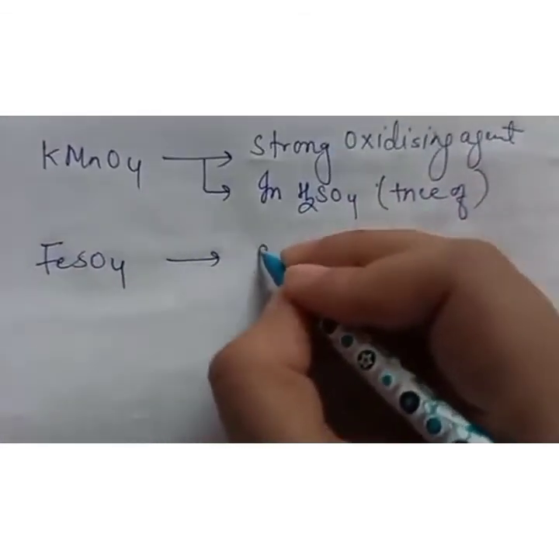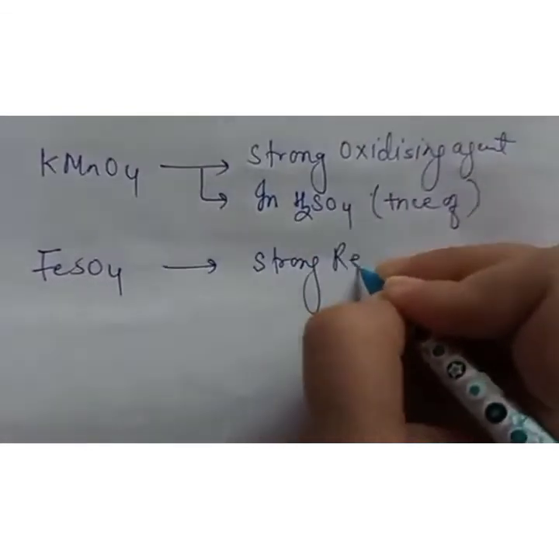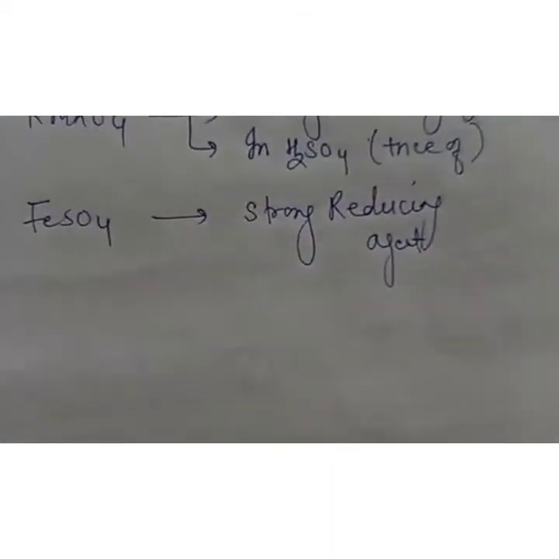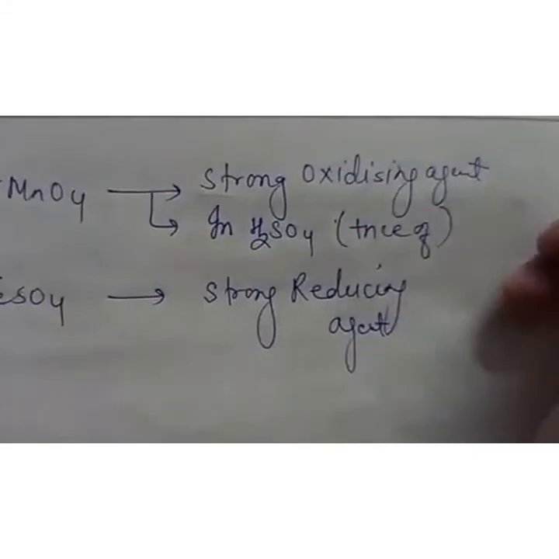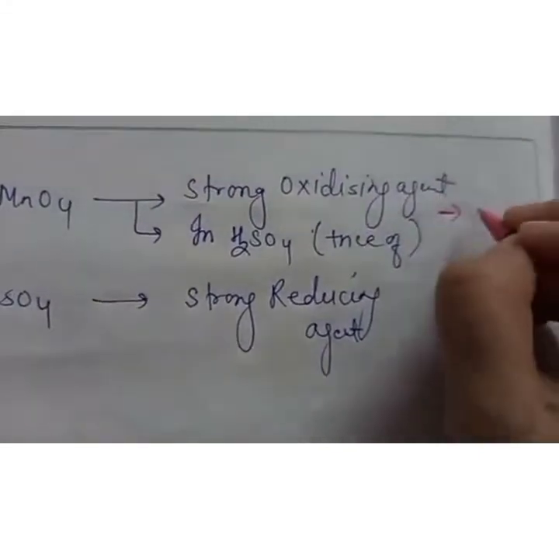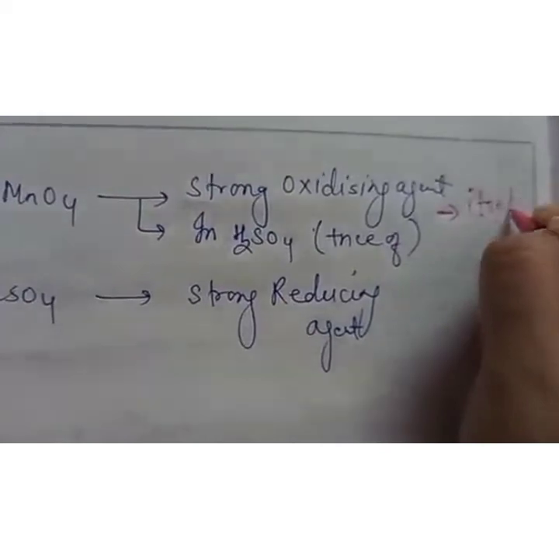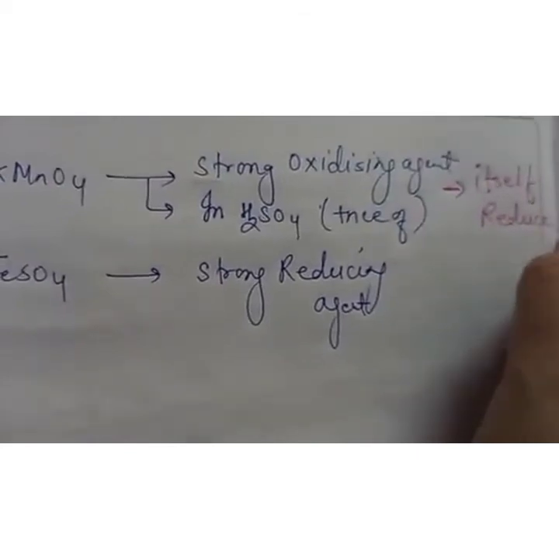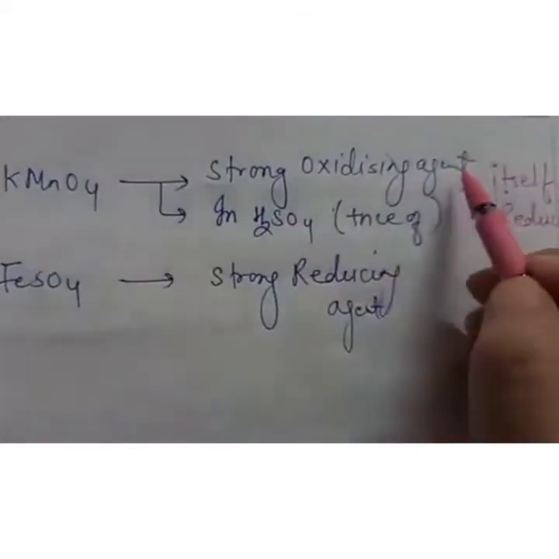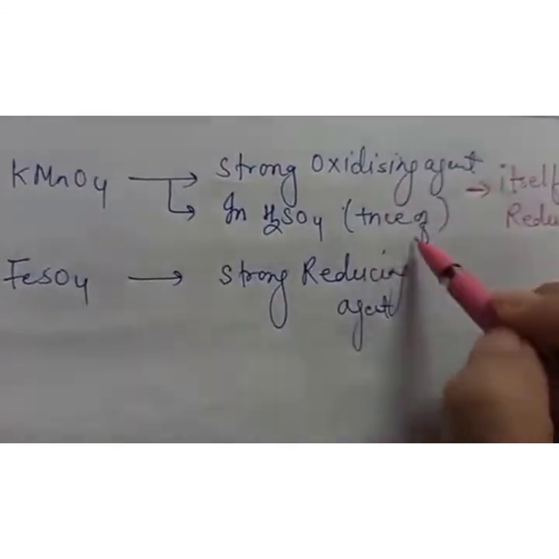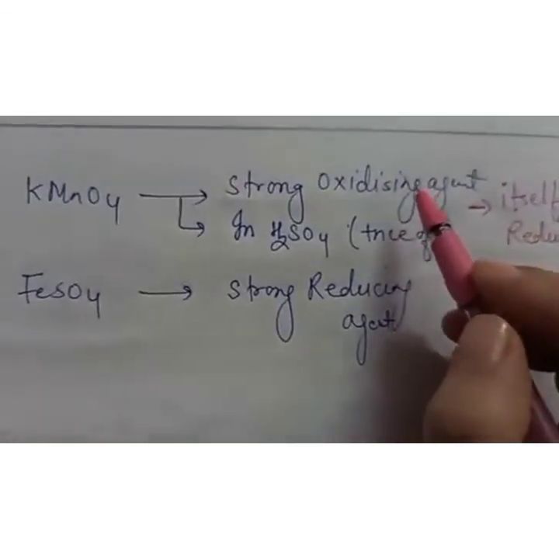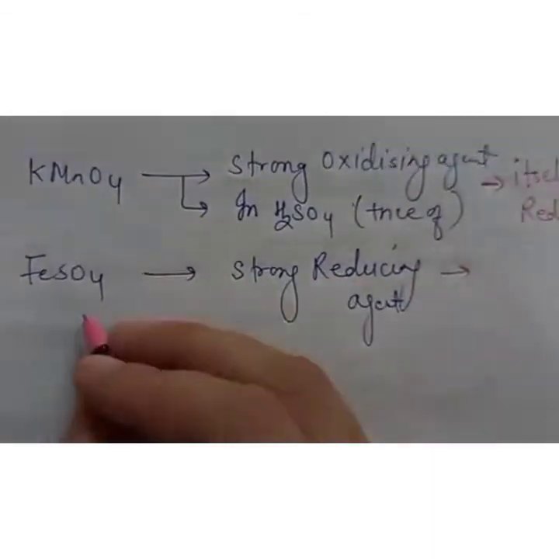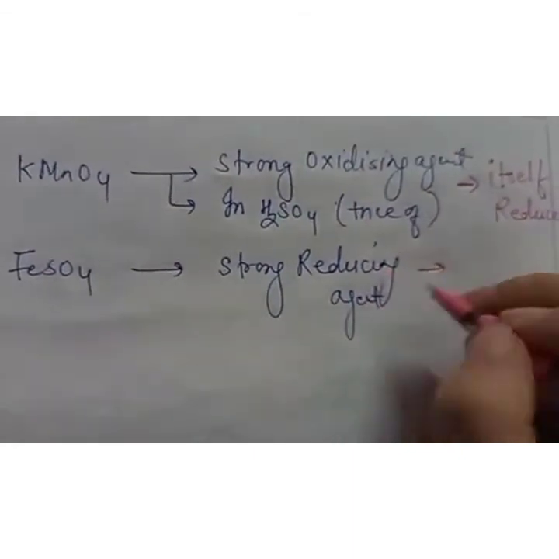FeSO4 acts as a strong reducing agent. That means we can say that KMnO4 undergoes reduction, or gets itself reduced, because it is acting as a strong oxidizing agent, whereas FeSO4 acts as a strong reducing agent.